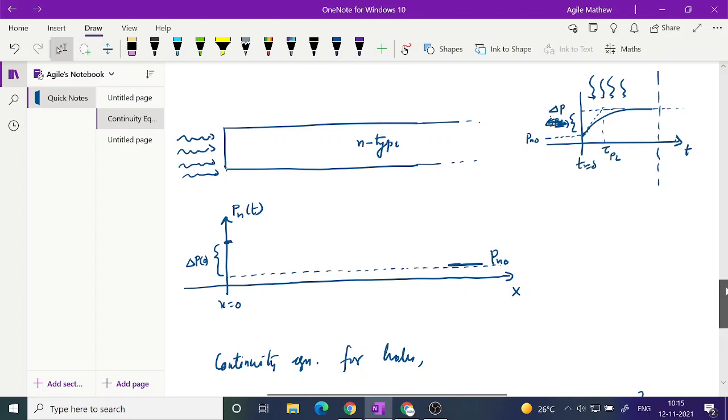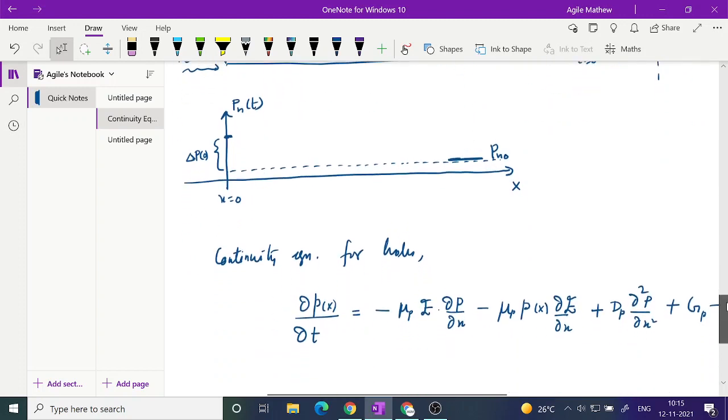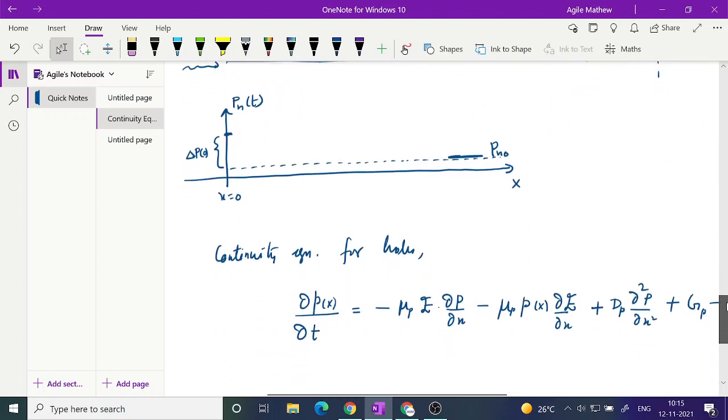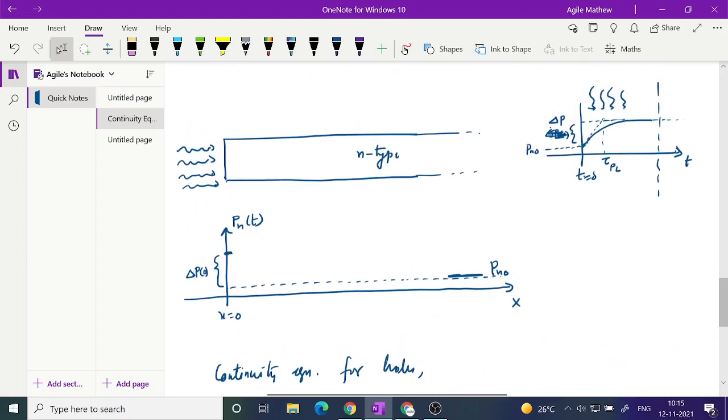But another thing that we can think about is, when these holes move from the left side to the right side because of the concentration gradient, can there be a built-in potential, and as a result can there be an electric field? That's a very important question to consider, but the answer is again no.